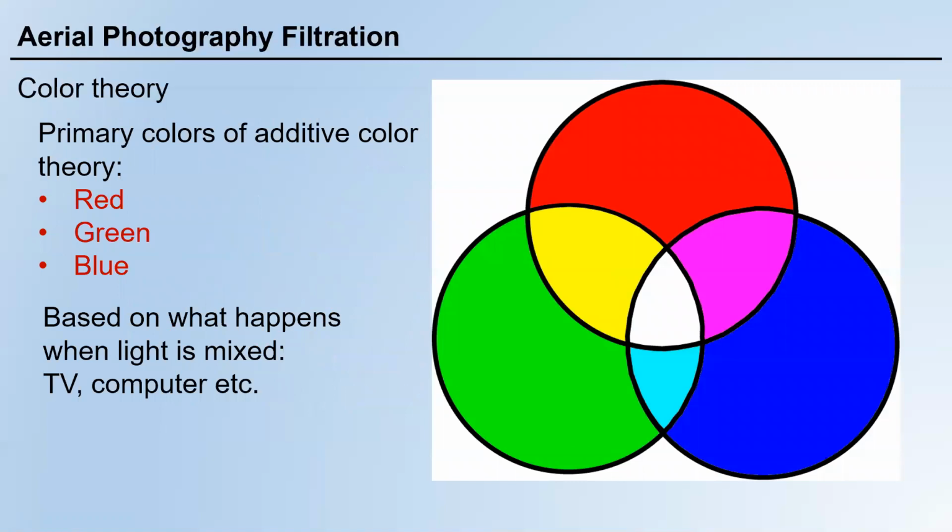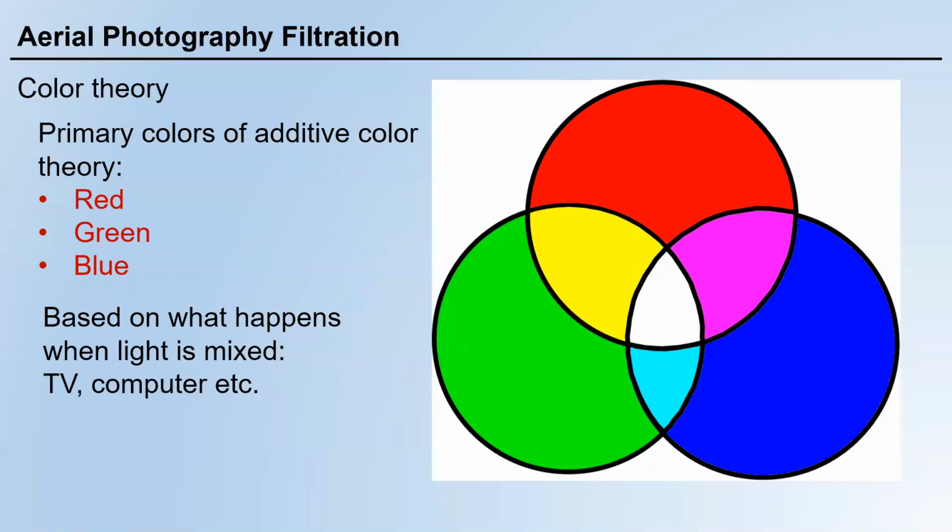Here is another figure showing you the additive color theory. Primary colors of additive color theory are RGB. This theory is based on what happens when light is mixed. When we're looking at our TV screens and computer screens, they are producing different colors using additive color theory.